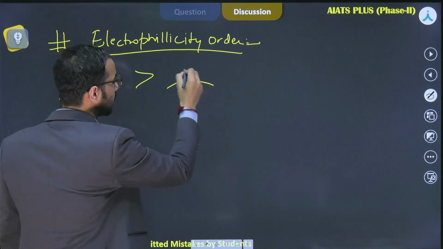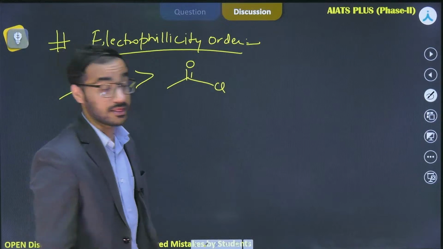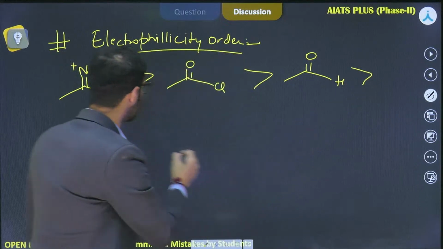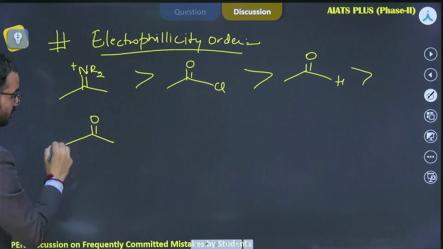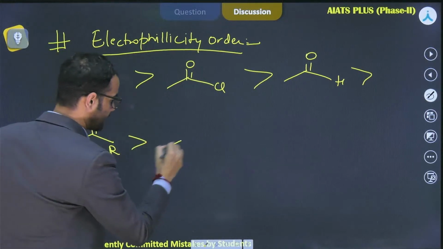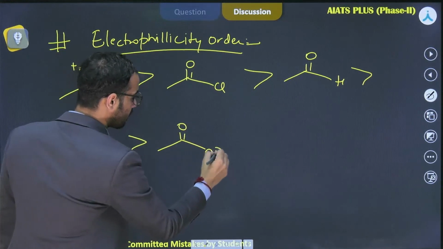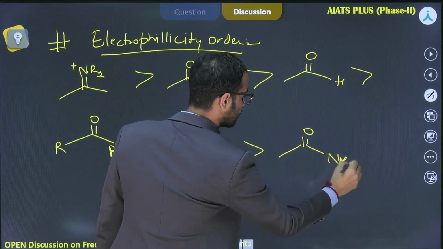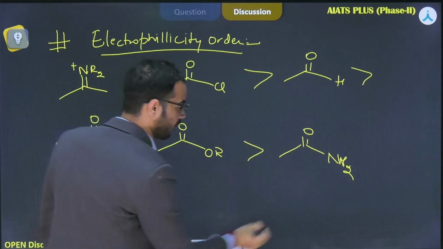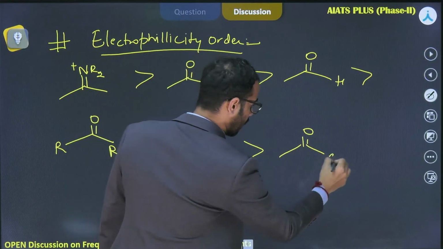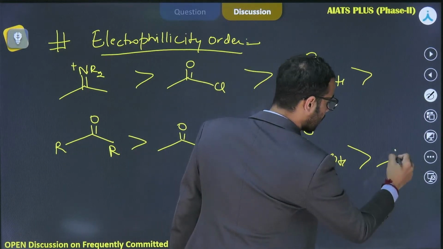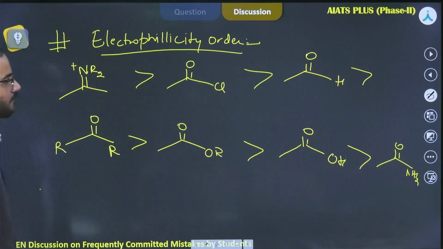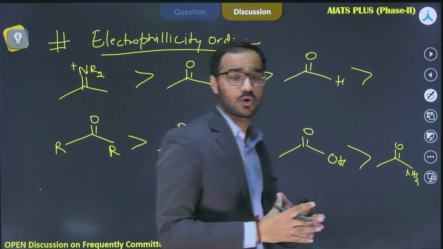Then you will have acyl chloride, then aldehyde, then ketones, then ester, and then, before amines, you can write OH, then amines. This is the electrophilicity order of the compounds.